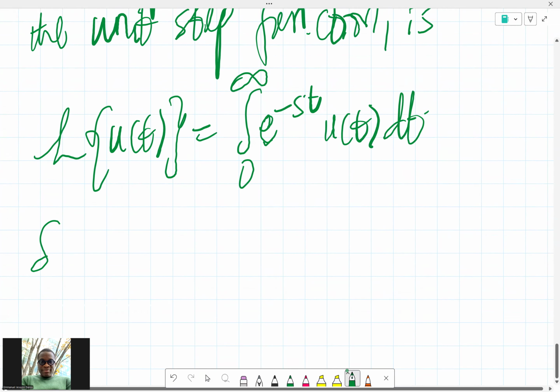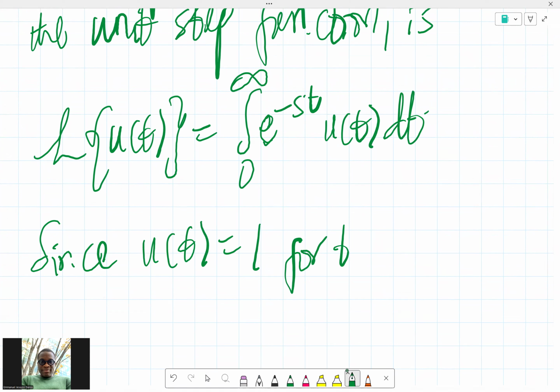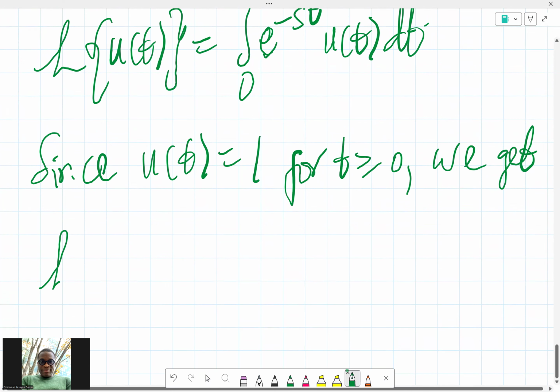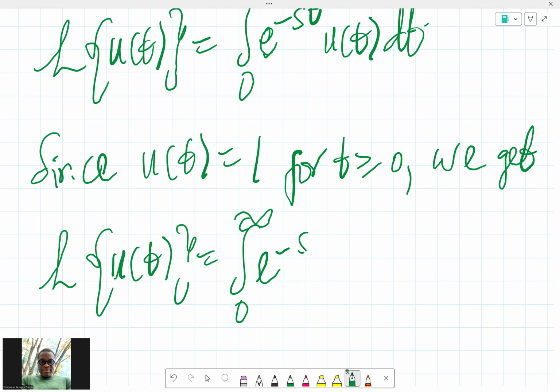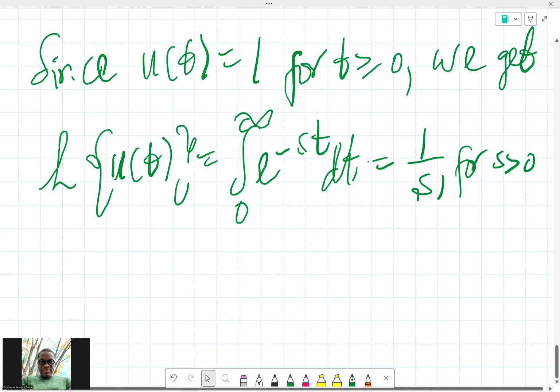Since u of t is equal to 1 for t greater than or equal to 0, we get L of u of t equals the integral from 0 to infinity of e raised to power minus st dt, and we simply have 1 over s, for s greater than 0.